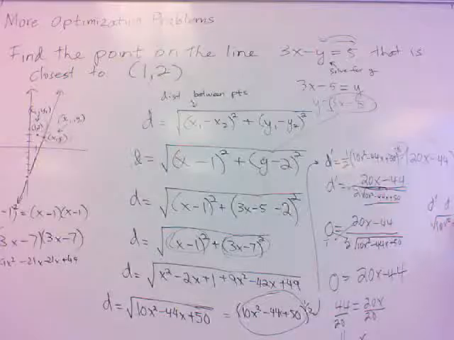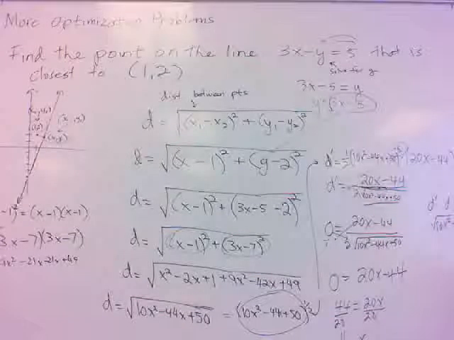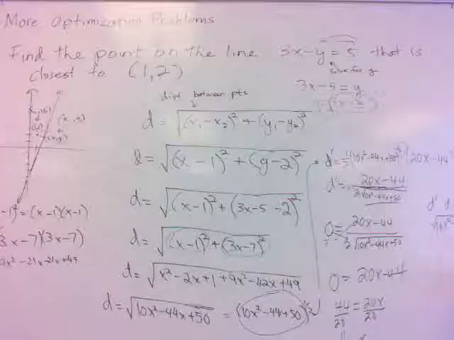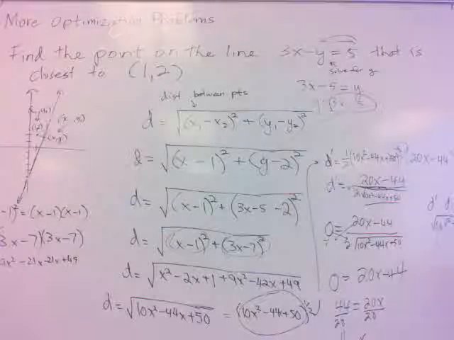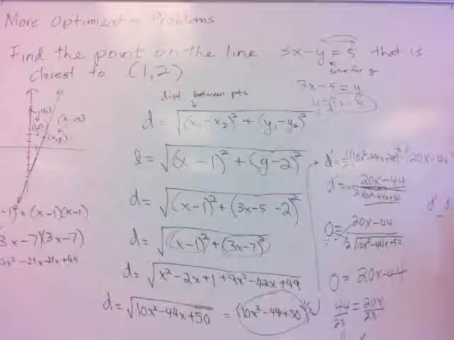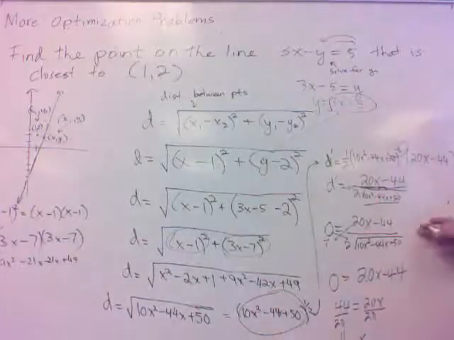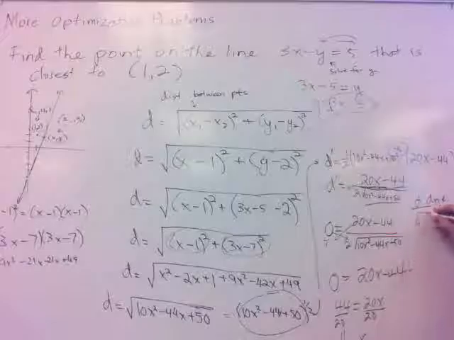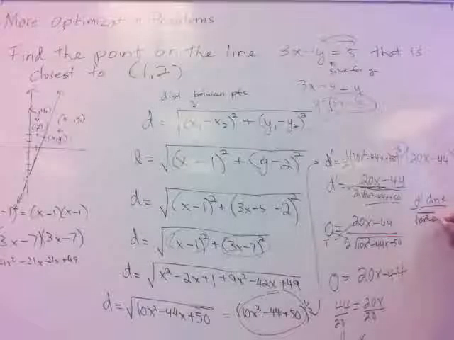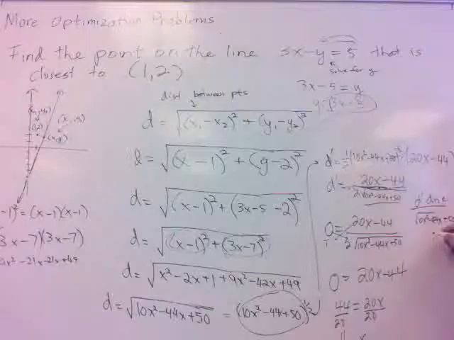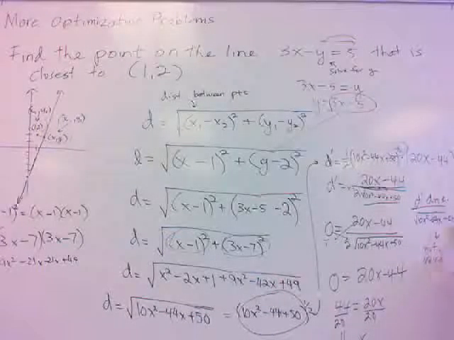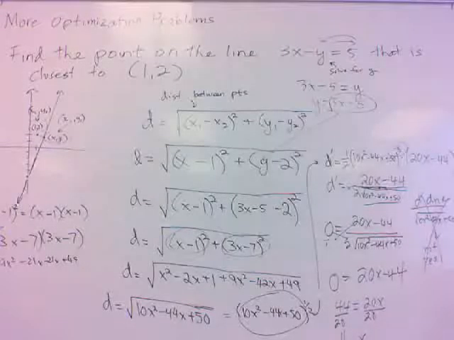You can check me, but D prime does not exist where the square root of 10x squared minus 44x plus 50 equals 0. I think that doesn't have any real solutions. So anyway, this part of it really doesn't come into play.